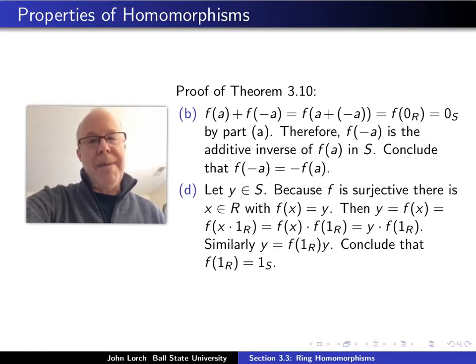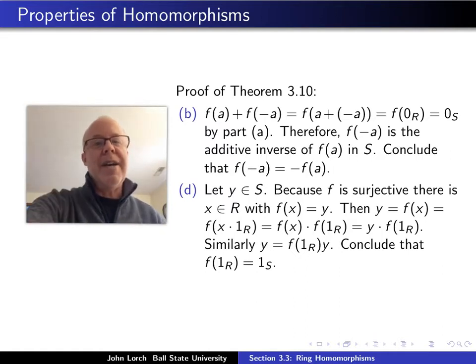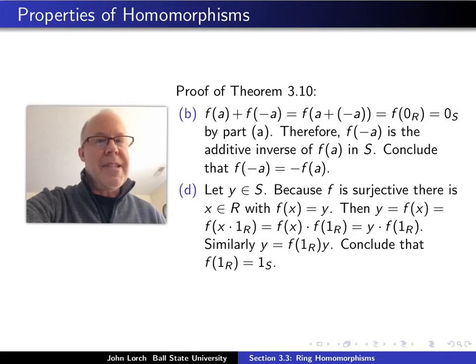And by part A, which we've not proved, we know that F of 0 in R is 0 in S. So the conclusion is that if you take F of A plus F of minus A, you get 0. That means that F of minus A is the additive inverse of F of A in S. And in notation, that says that F of minus A is minus F of A.